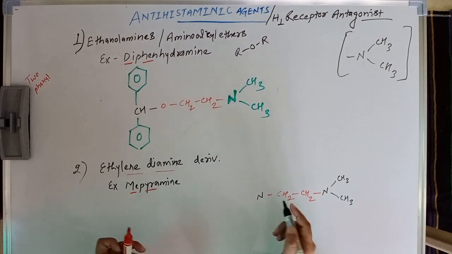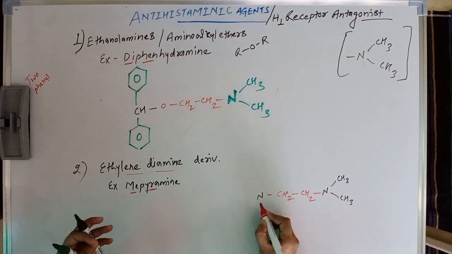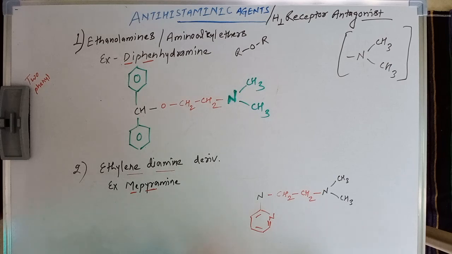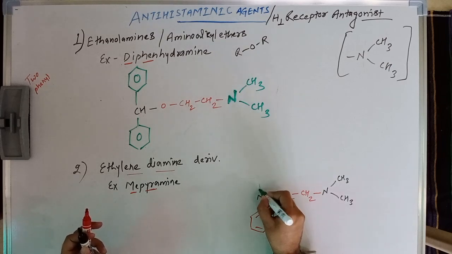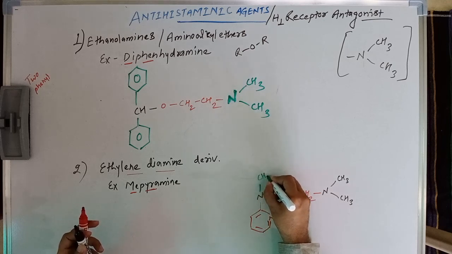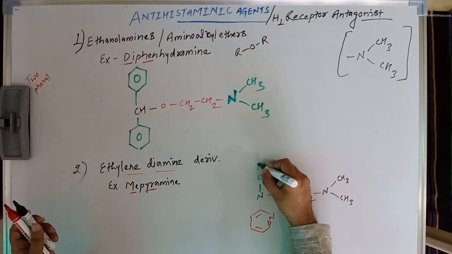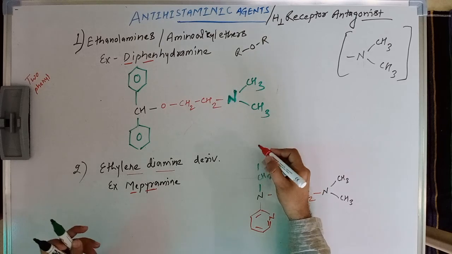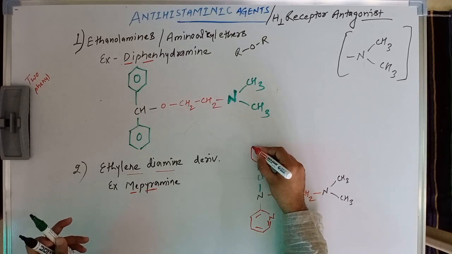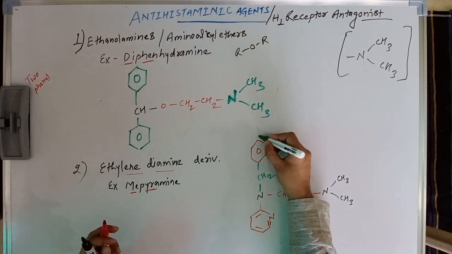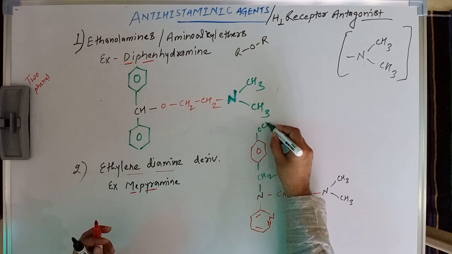You have to memorize only this: there is one pyridine moiety, and there is one methylene group, and then again there is an aromatic nucleus here, and this aromatic nucleus again has a methoxy group, OCH3.